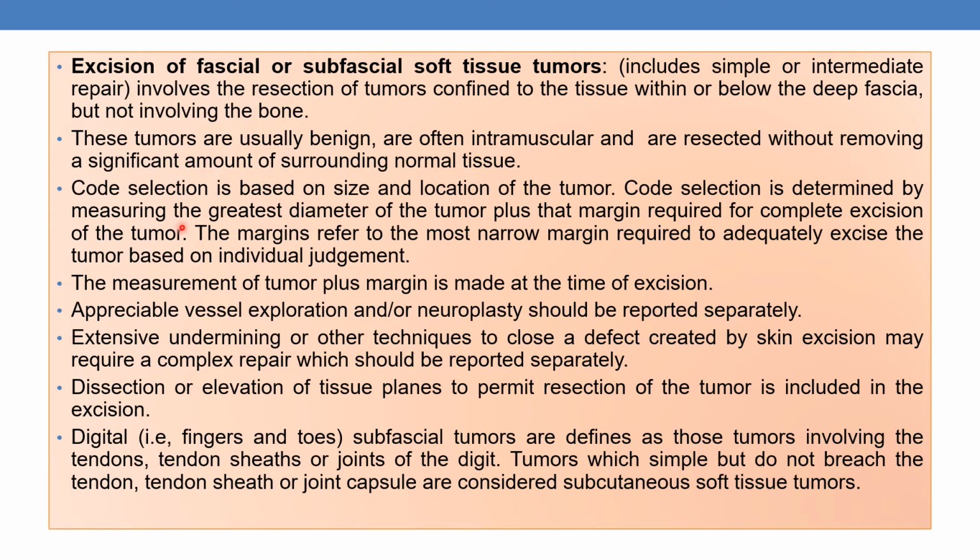Like any excision, code selection is based upon the size and location of the tumor, and it is determined by measuring the greatest diameter of the tumor plus the narrowest margins required for complete excision of the tumor. The measurement of tumor plus margin is made at the time of excision.